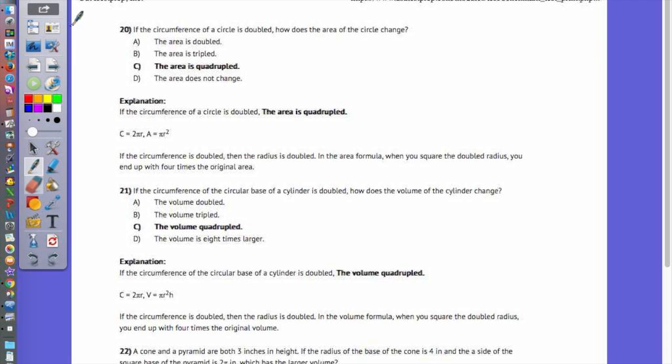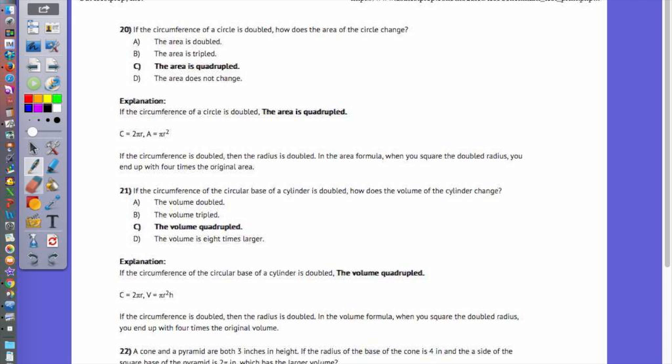Number 20. We talked about this a little bit in problem 1. We talked about if dimensions are doubled. Here, you're talking about if the circumference of a circle is doubled. So when you're finding circumference, you're dealing with either the radius times 2 or the diameter, right?